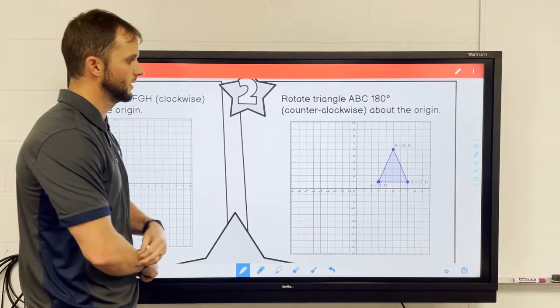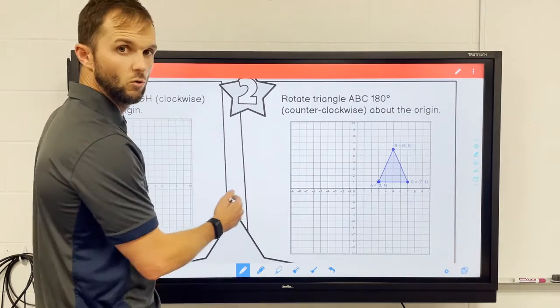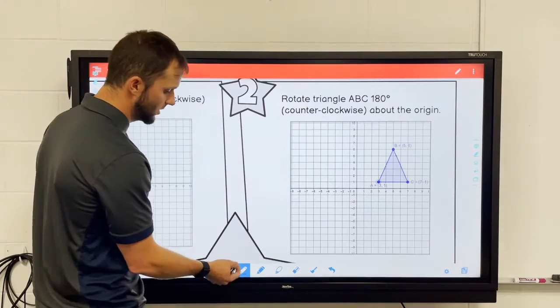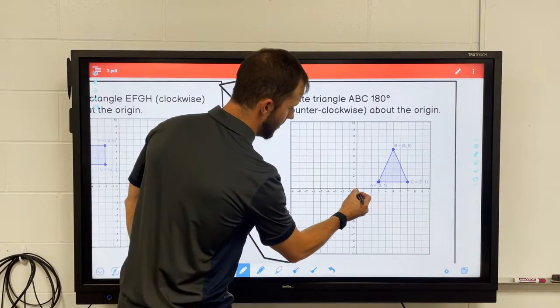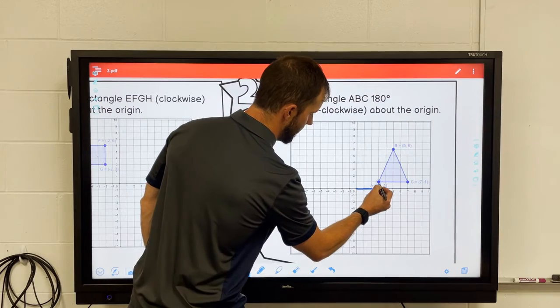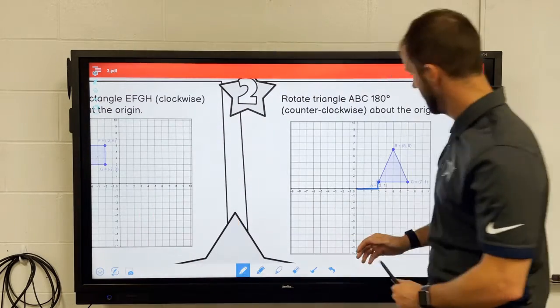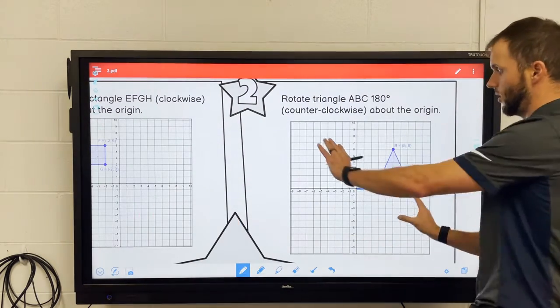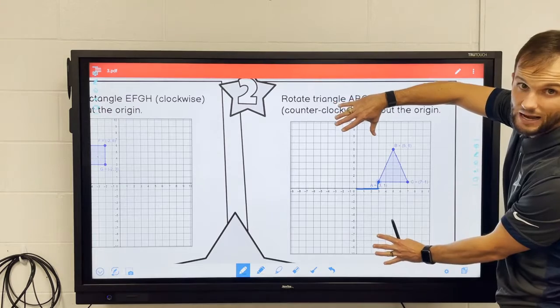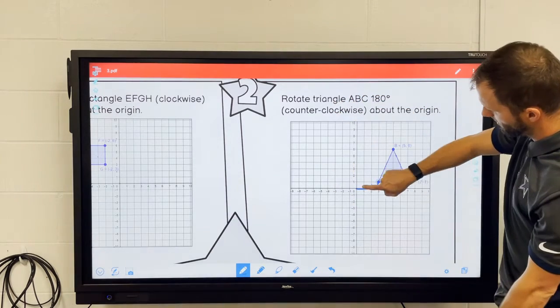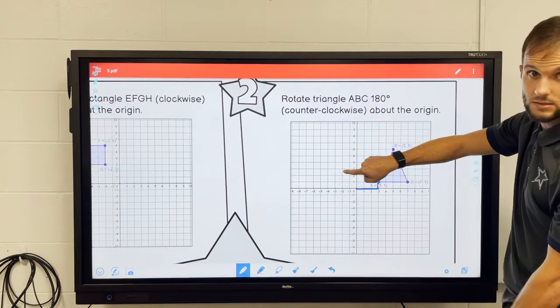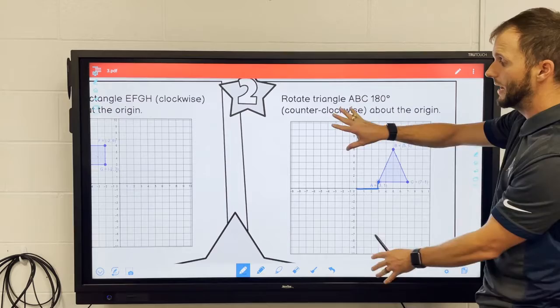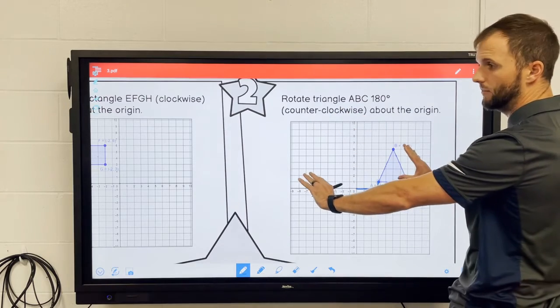Okay, so let's go ahead and look at this. So right now, let's go ahead and do coordinate A. So I know to get to coordinate A, that means I'm going to count over 3, and I'm going to go up 1. So right now, if I took that and I rotated this whole thing 90 degrees, it's going to end up going up and over, correct? But I'm actually doing it 180. So if I did it 1 turn, that would be 90.